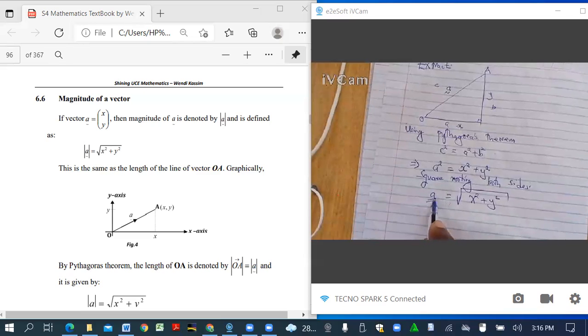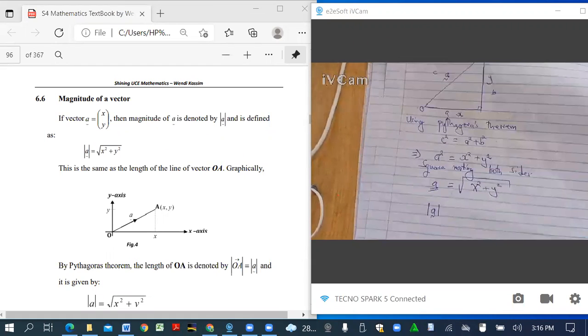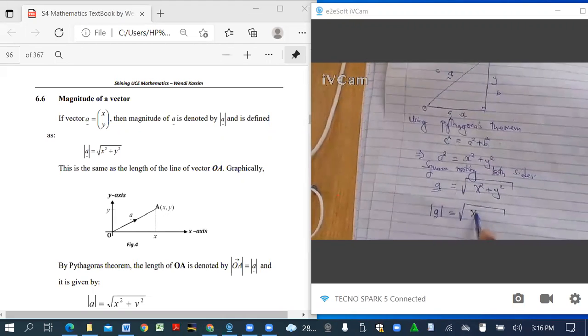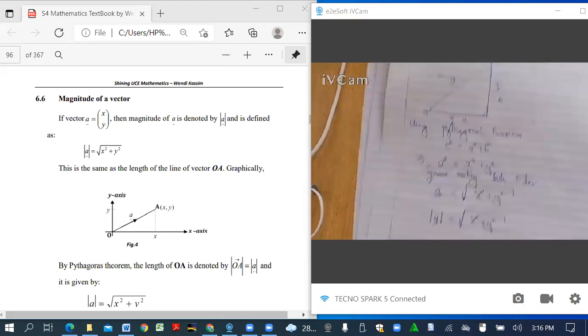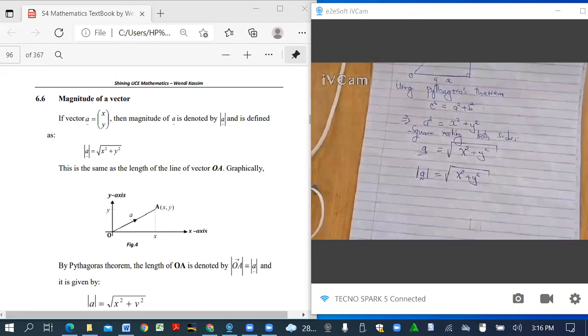To make it a magnitude, we put this symbol there. Now it becomes the magnitude of a equals the square root of x squared plus y squared. That's how the formula came about.